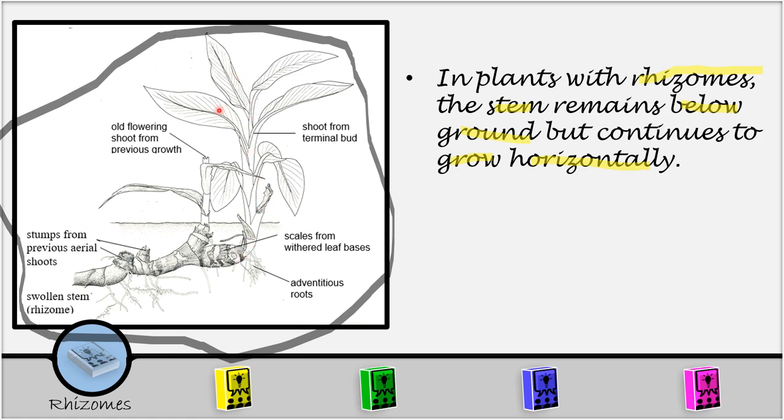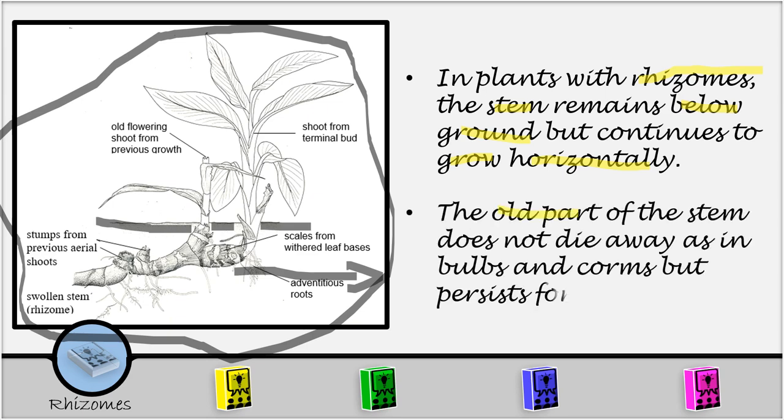So when we say that rhizomes are stems, this one is the stem. And they grow below the ground. They stay below the ground level, and they continue to grow horizontally. When they are growing, they grow horizontally.